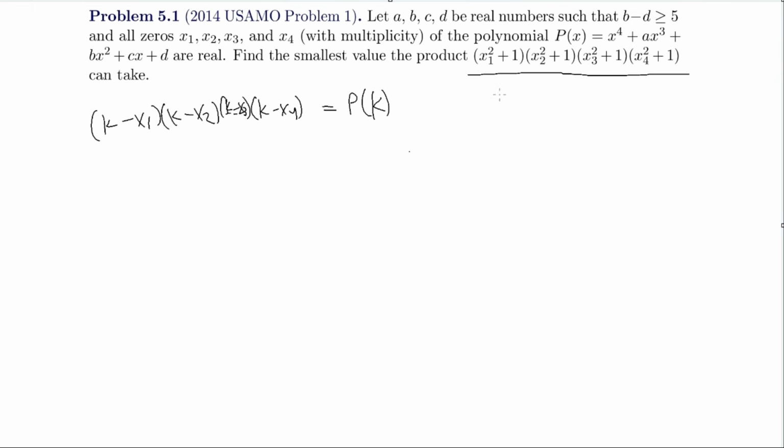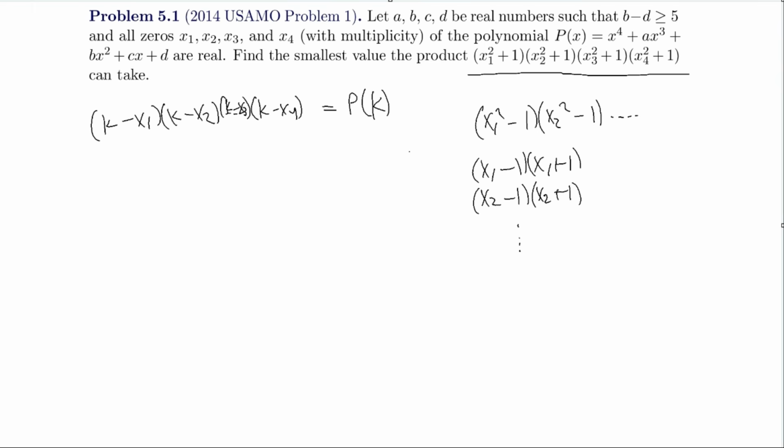But the problem is we have an x1 squared plus 1, so we need to somehow split this. Now, if we have x1 squared minus 1, x2 squared minus 1, and so on, then this isn't particularly hard. It's equal to (x1 minus 1)(x1 plus 1)(x2 minus 1)(x2 plus 1), and so forth.